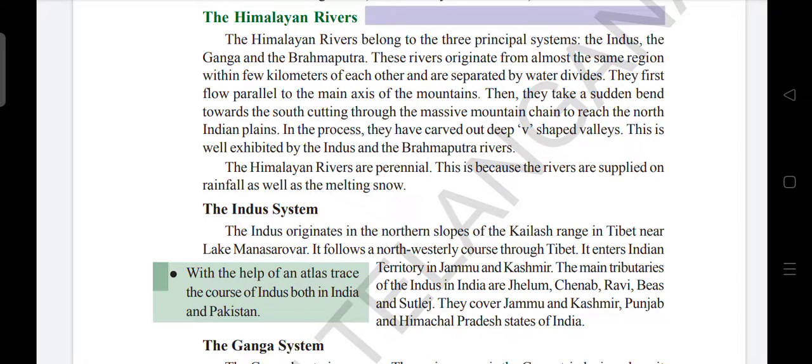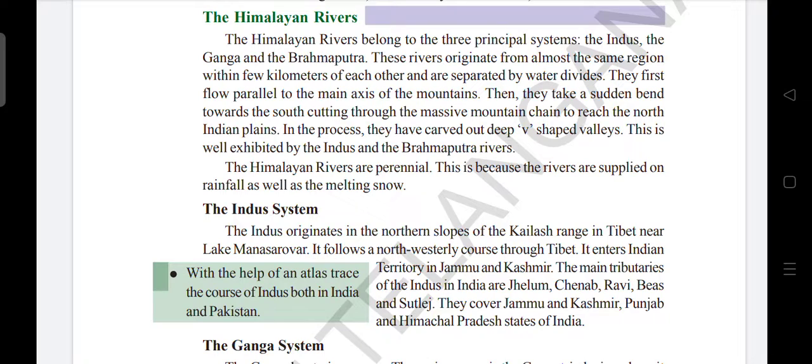So, where has this Indus originated? It originated in the northern slopes of the Kailash range, which is in Tibet near Lake Manasarovar. It flows in a northwesterly course through Tibet and enters Indian territory in Jammu and Kashmir.